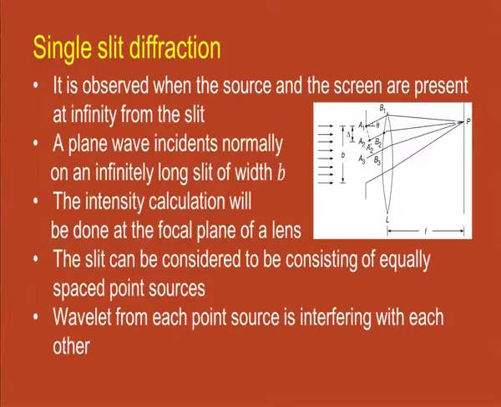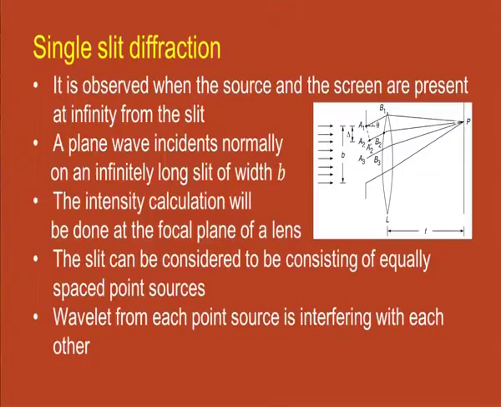A plane wave is incident normally on an infinitely long slit of width b, and the intensity calculation will be done at the focal plane of a lens. The slit can be considered to be consisting of equally spaced point sources. Wavelet from each point source is interfering with each other.